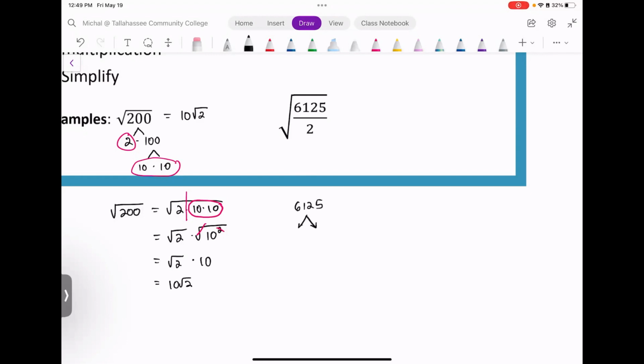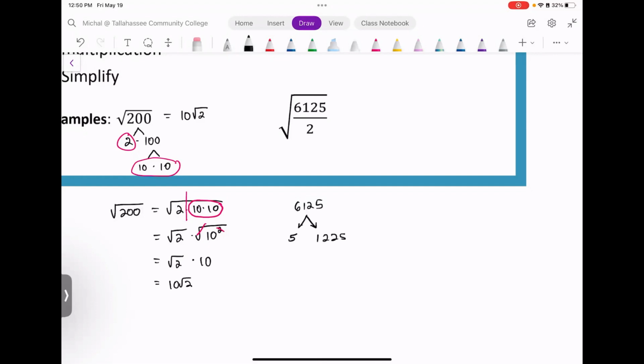Now, I do not know all of the prime factors of 6,125, but I do know that it's divisible by 5, and that's because any number that ends in 5 or 0 is divisible by 5. So I'm going to start to divide by 5. 6,125 divided by 5 is 1,225.